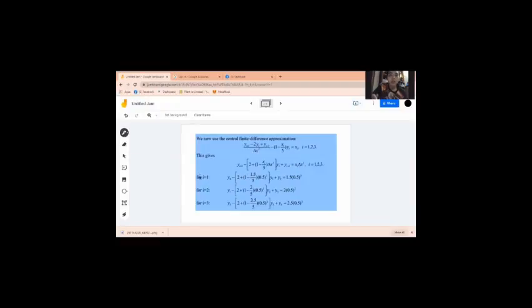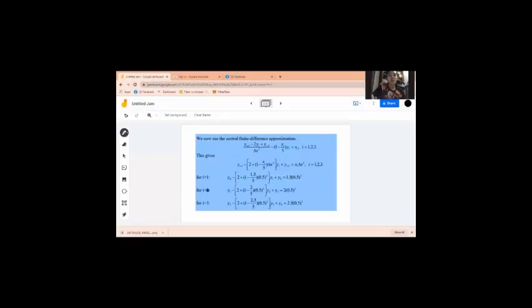For i equals 1, we get y sub 0 minus 2 plus (1 minus 1.5 over 5) times 0.5 squared y sub 1 plus y sub 2 equals 1.5 times 0.5 squared.